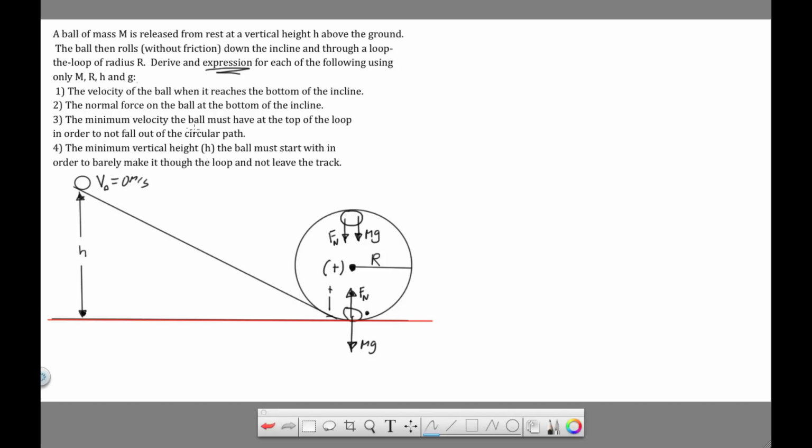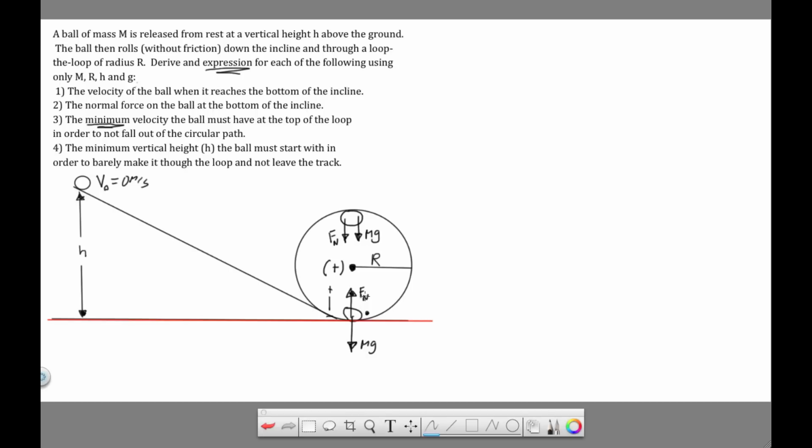So the key thing here is the minimum velocity at the top of the loop in order for the ball to not fall out. If this ball goes through the loop really fast, there's no danger of the ball falling out of the loop.